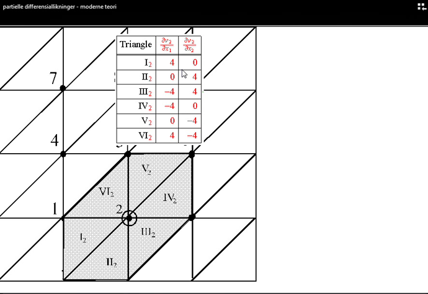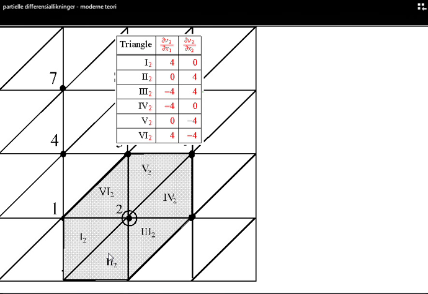We now compute the partial derivatives of v2, the basis function associated with the second node, then it will take exactly the same form. In this case, we index the triangles in the same way.